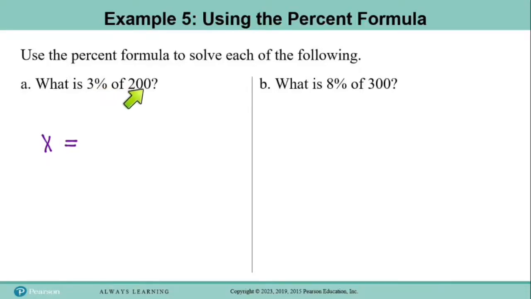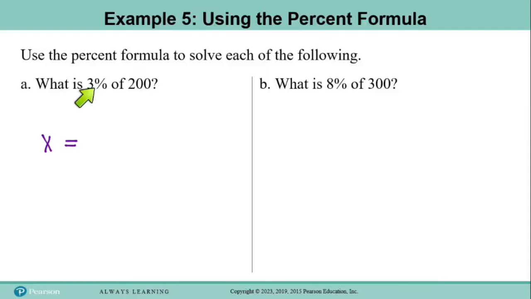3% of 200. Now remember I told you that you can never do calculations with a percent symbol in place. So in order to do this calculation, we need to remove the percent symbol. In other words, we need to put this percent into decimal form. So we take off the percent symbol and we move the decimal 2 places to the left.